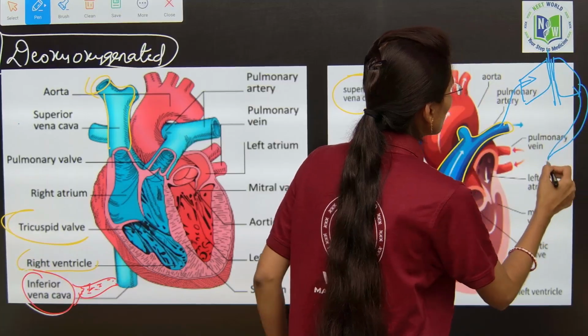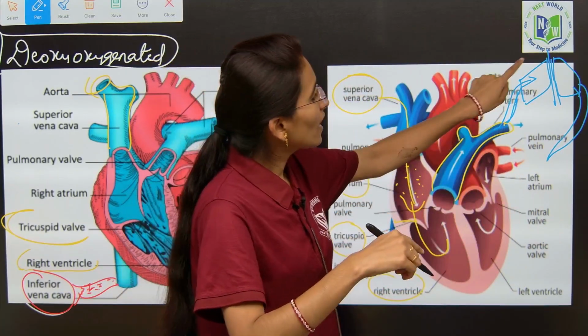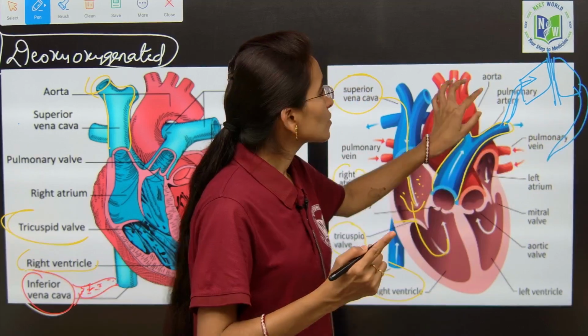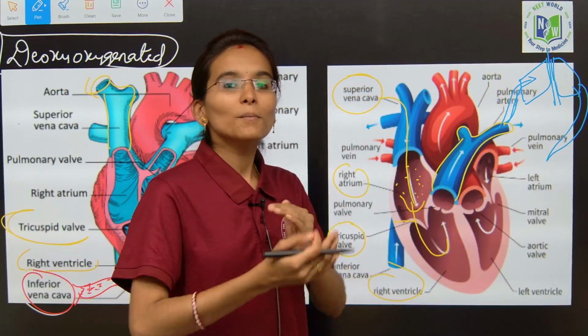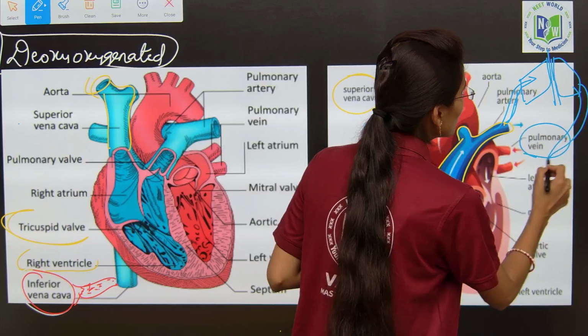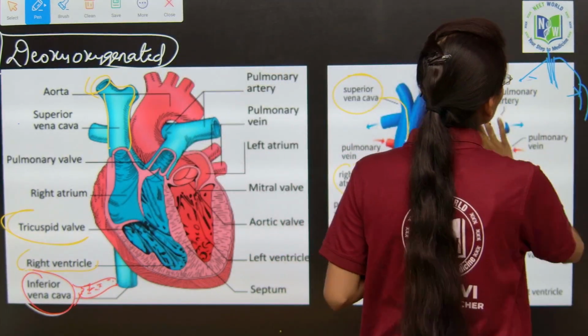So this will be the pulmonary artery of the lungs, and next this one will be the pulmonary veins of the lungs. The pulmonary artery contains the deoxygenated blood, and after complete oxygenation, the pulmonary vein will carry the oxygenated and pure blood from the lungs.